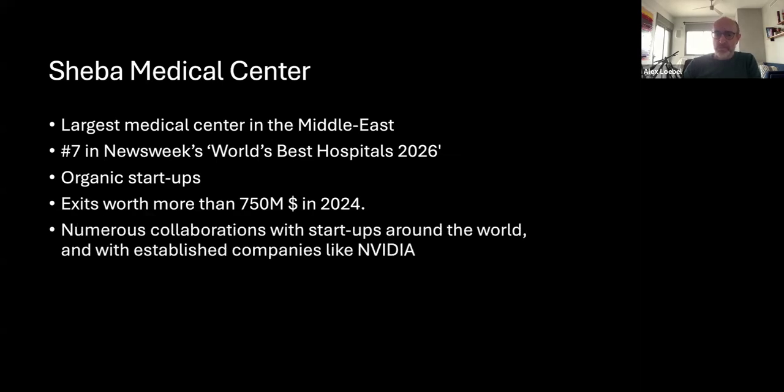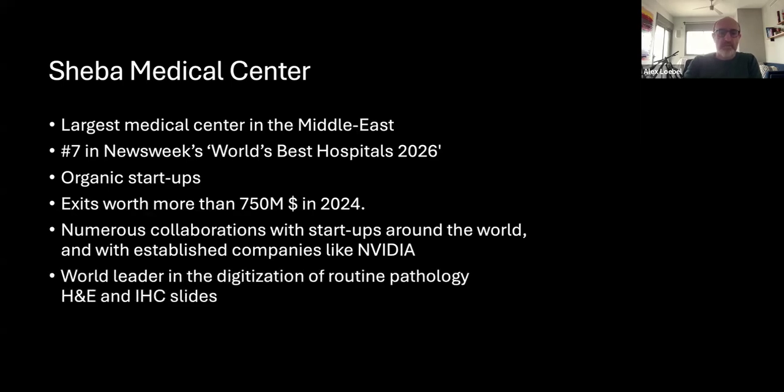It also has numerous collaborations with startups around the world and with established companies like NVIDIA. And it is a world leader in the digitization of routine pathology, H&E, and immunohistochemistry slides. This is something that we're going to discuss more today.